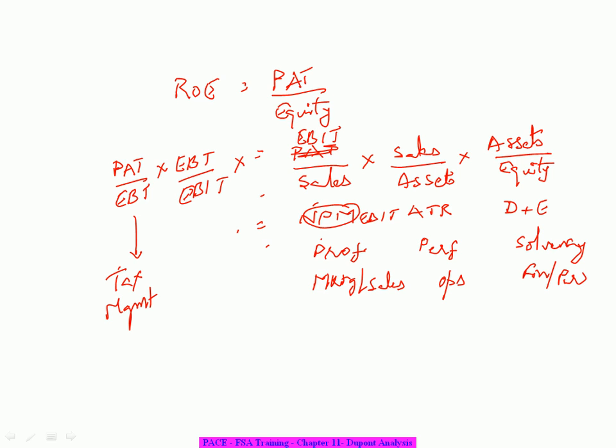So the final investor is getting benefited, apart from the three functions, by the goodness of the tax management, and this will also talk about debt management. Because the difference between EBT and EBIT is the debt management, the loan kind of management.